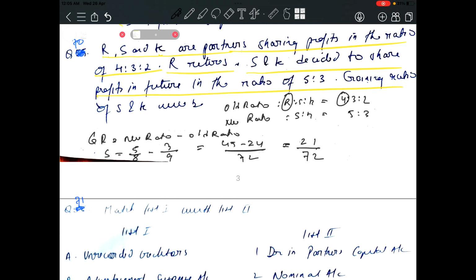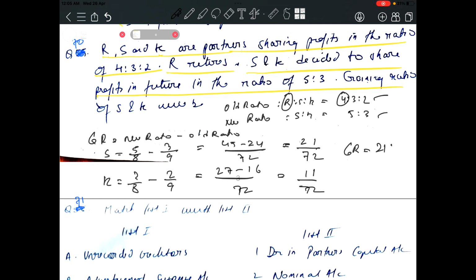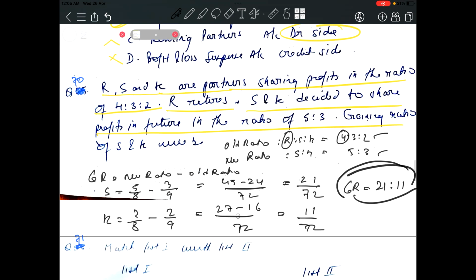Now let's see for K. New ratio is 3/8 minus 2/9. If you solve this, you will get 27 minus 16 over 72, which is 11/72. So the gaining ratio between S and K is 21:11. This is the answer for question number 70. I hope this is clear to you.